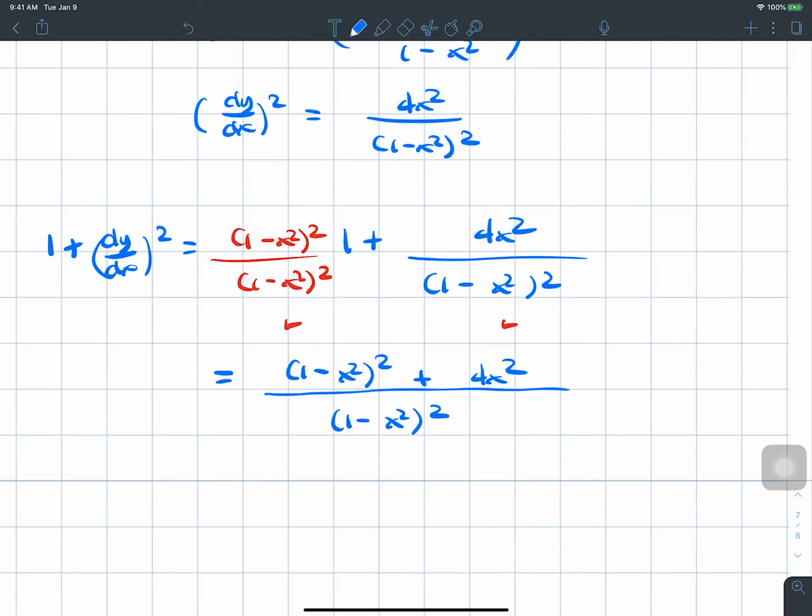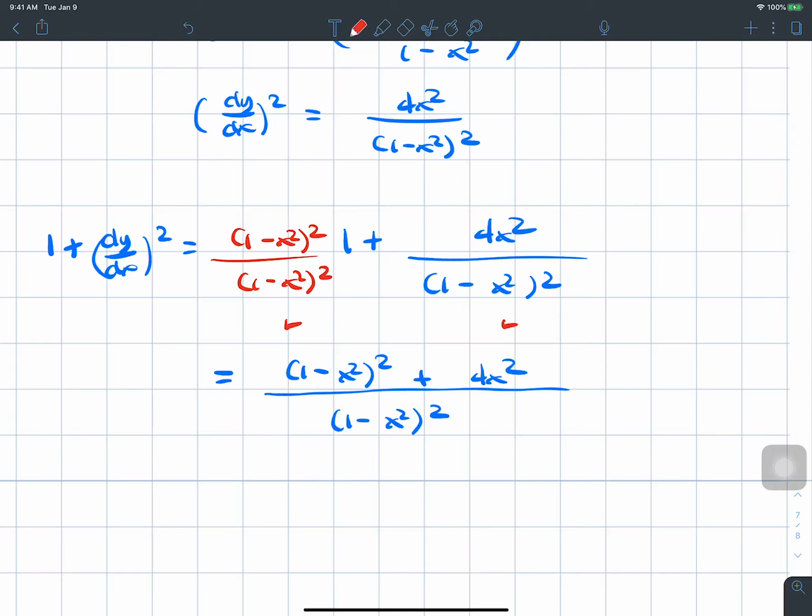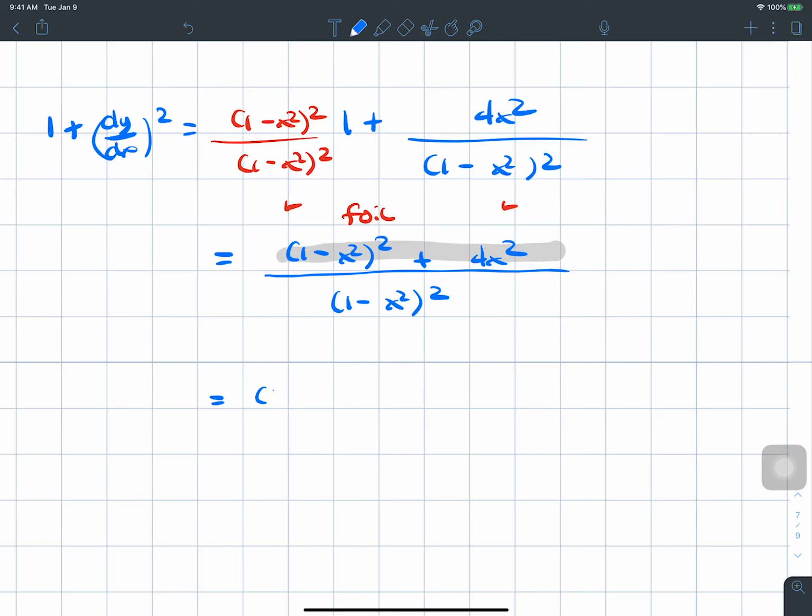So we look at this here, and we say to ourselves, well, how are we going to proceed with this? As you guys can probably guess, what comes next is you're going to FOIL here. In other words, I need to simplify my numerator. So that will mean 1 minus x squared times 1 minus x squared.